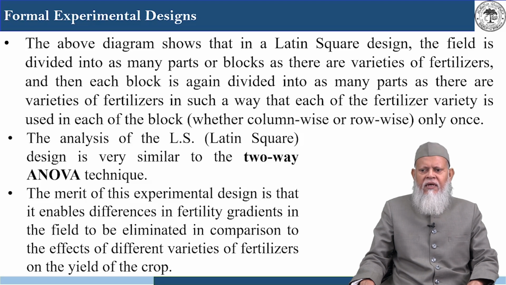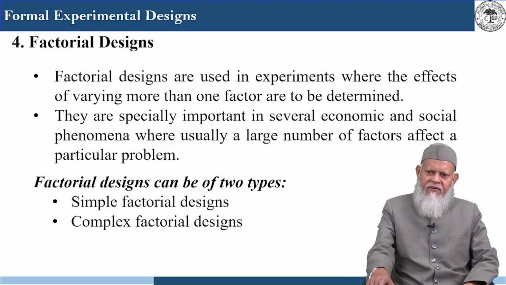So, a Latin square design is very effective when we are studying a design with two extraneous variables and 5 treatments that we have observed here.